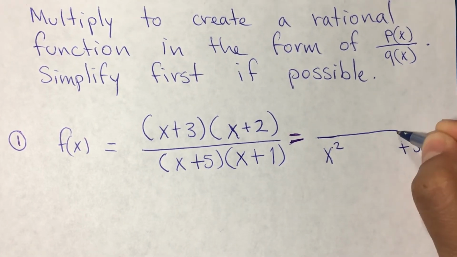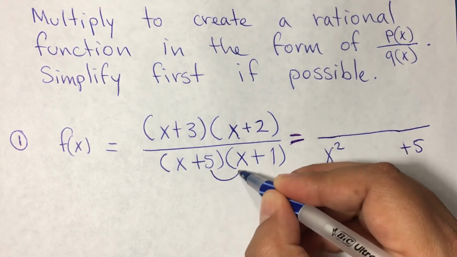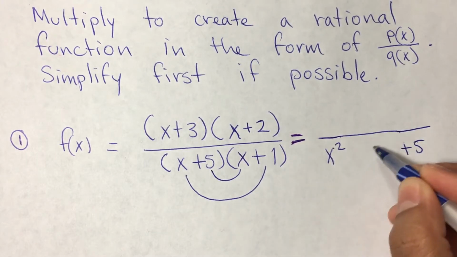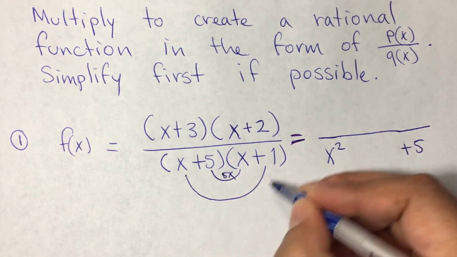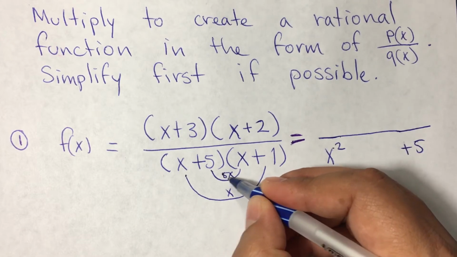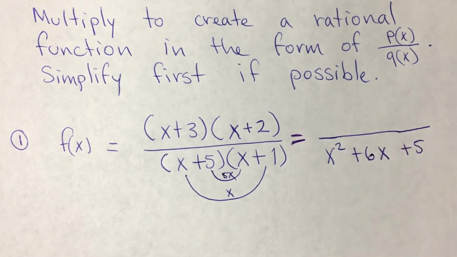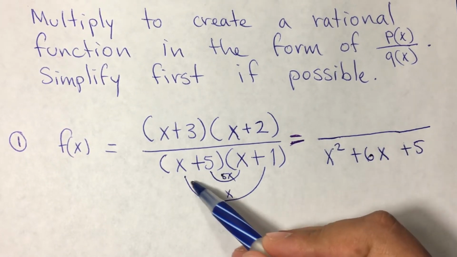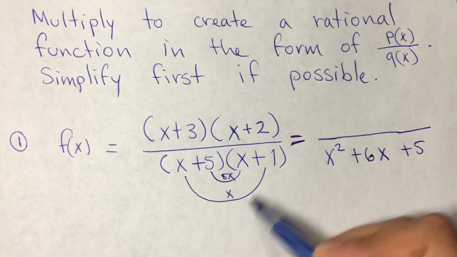That's for the last term. But for the middle term, I just say, oh, my happy face will create that. And I can just say 5 times x is 5x. x times 1 is x. And together 5x and 1x is 6x. So we're doing FOIL, but the outside and the inside, we do it directly in here within the factors.